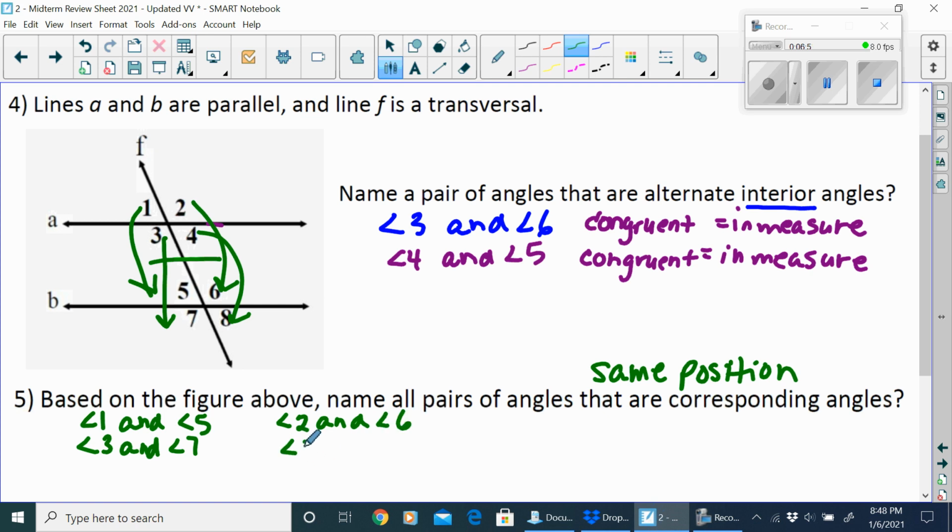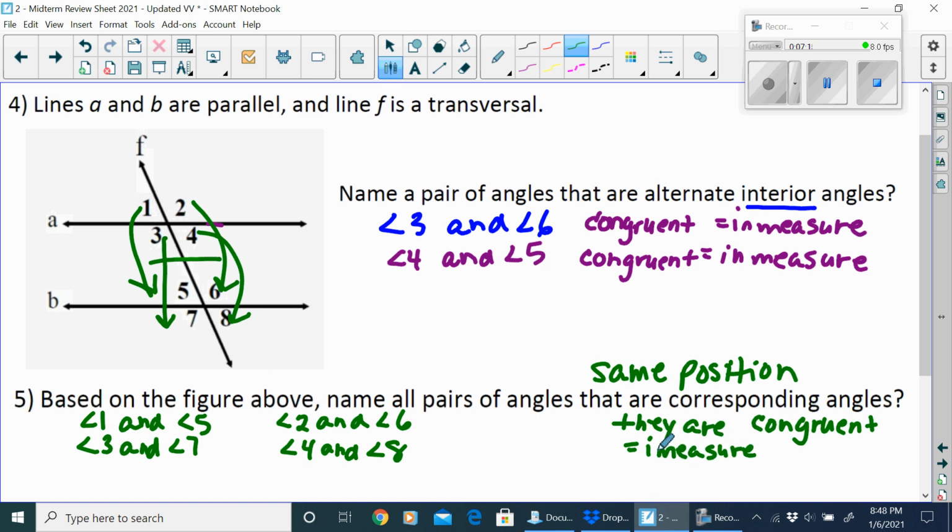And angle 4 and angle 8. And because they hold the same position and they're corresponding, I'll add an extra note, they are congruent or they equal in measure.